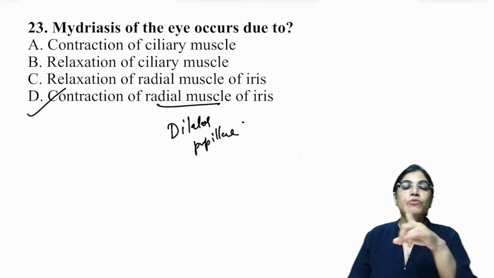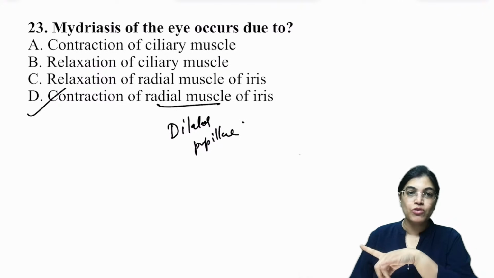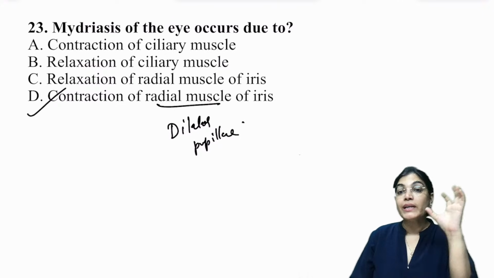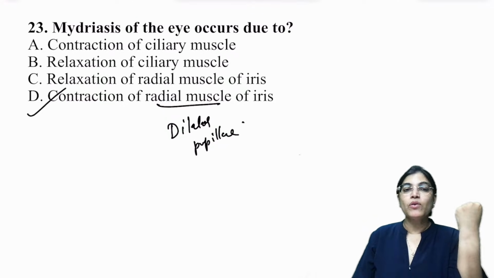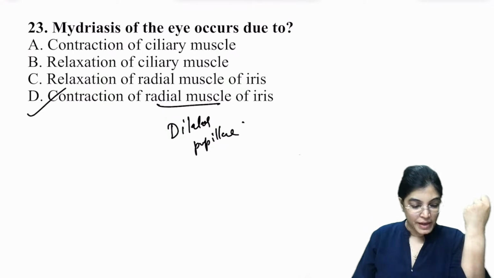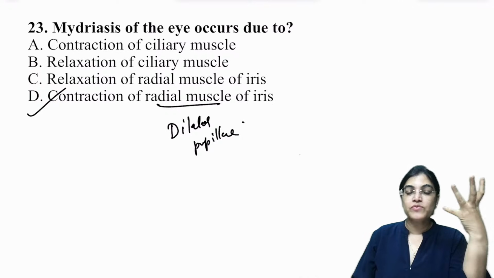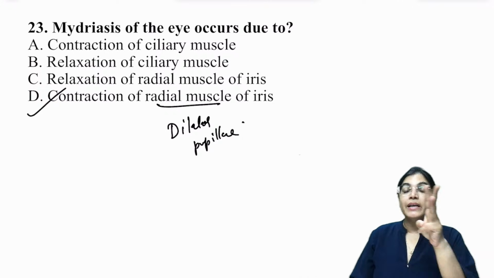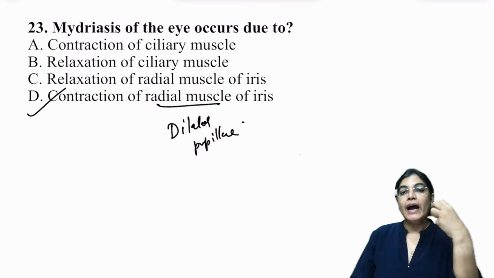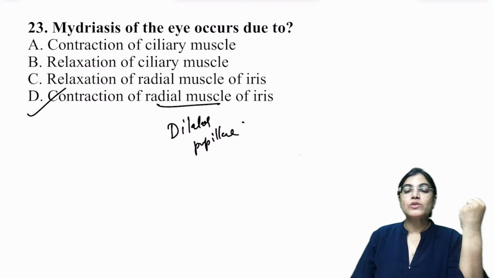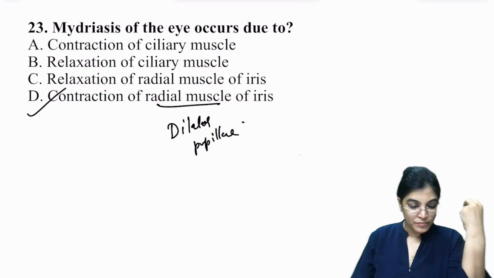So we will go with the most correct answer, as I have shown in the image also. The ciliary muscle is involved in the accommodation reflex, but for mydriasis we will go with contraction of the radial muscle of the iris. You are confused with the accommodation reflex, in which 3 muscles are involved: the medial rectus muscle, the ciliary muscle, and also the constrictor pupillae.